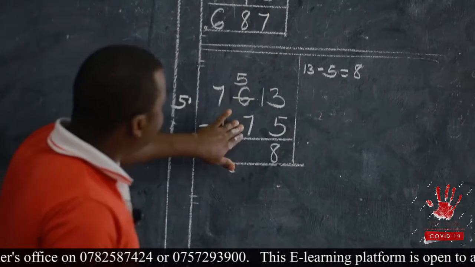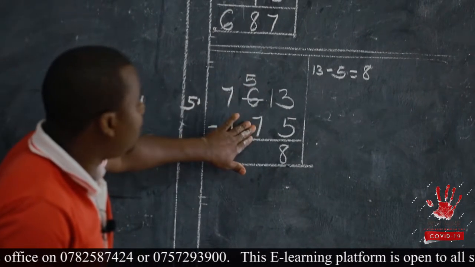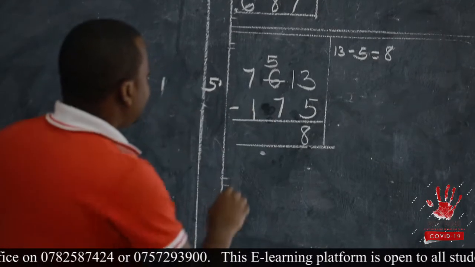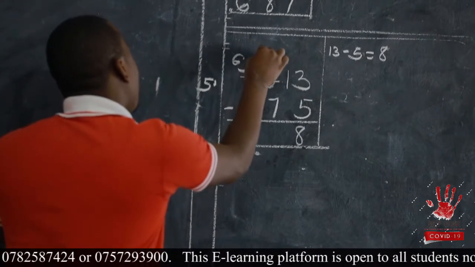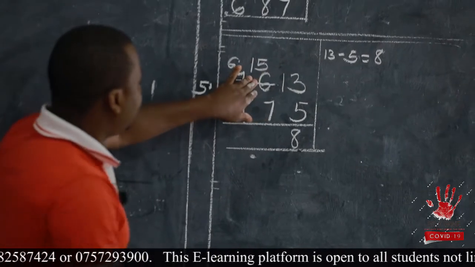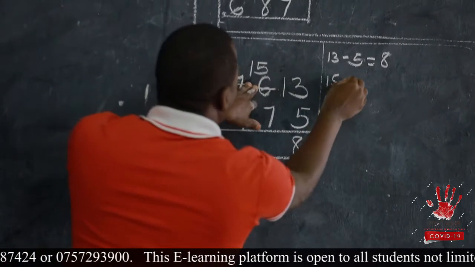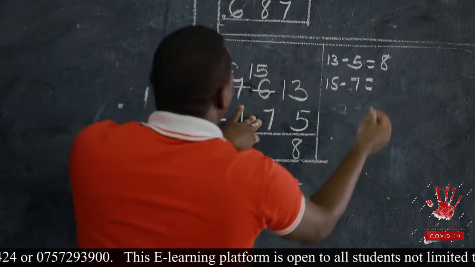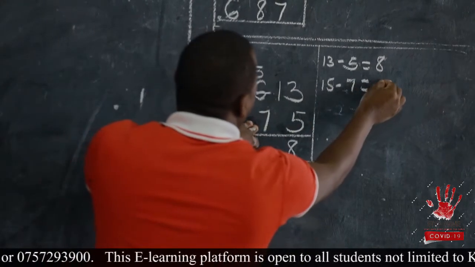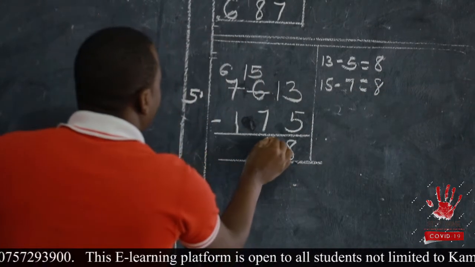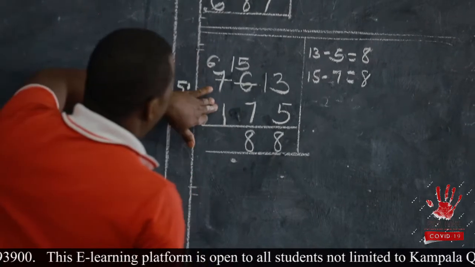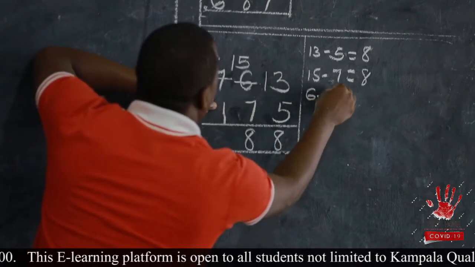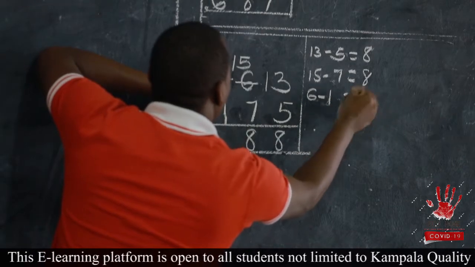Then 5 take away 7. Still 5 is small, but we regroup. So we are going to regroup 7. We remain with 6. And we take 110. So we shall have 15. And what is 15 take away 7? We have done it somewhere already. 15 take away 7 is 8. So I'm going to write here 8. Then here I have 6 take away 1, which is equal to 5.